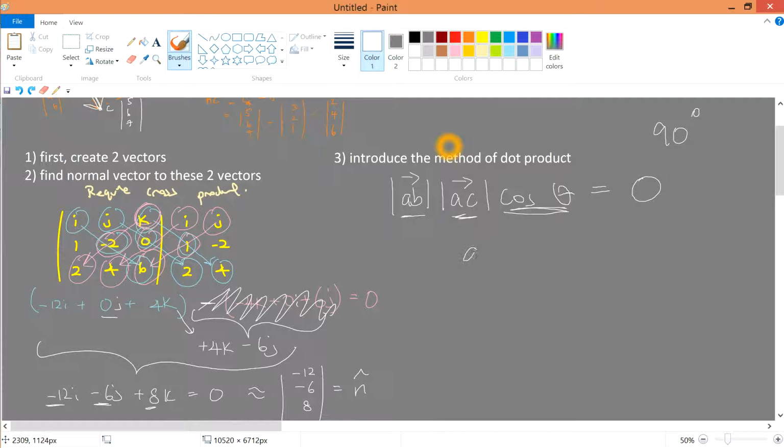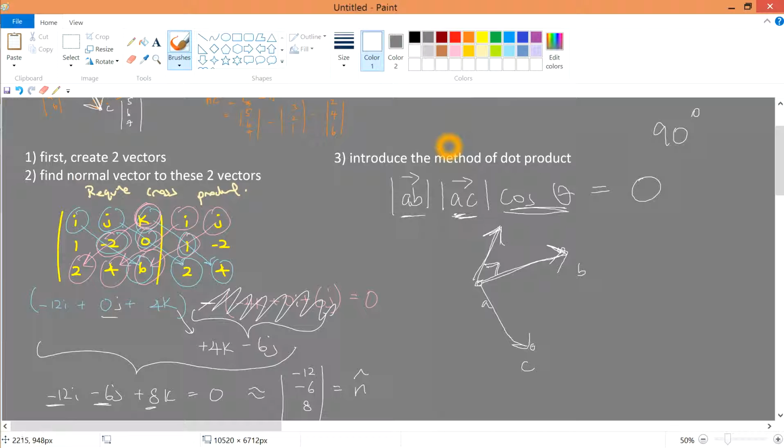The next definition is A dot B equals 0. That's when the two vectors are multiplied with each other. So let's redraw again: I have AB and AC, and I have a normal vector over here.